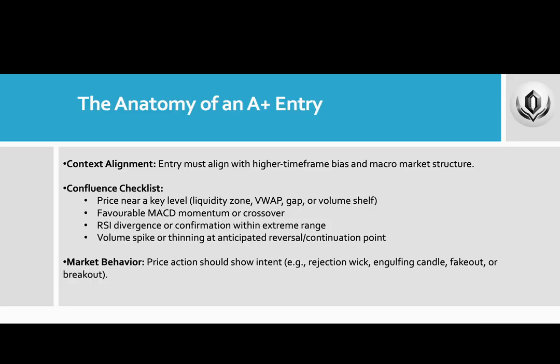And then finally, what is the price action behavior doing? That's the story that we're being told via the candles. Are we seeing rejection wicks? Are we seeing engulfing candles? Are we seeing fake out moves that are getting absorbed? These are the final clues that we want to pull all these levels together before we're pulling the trigger and saying this is an A+ entry.